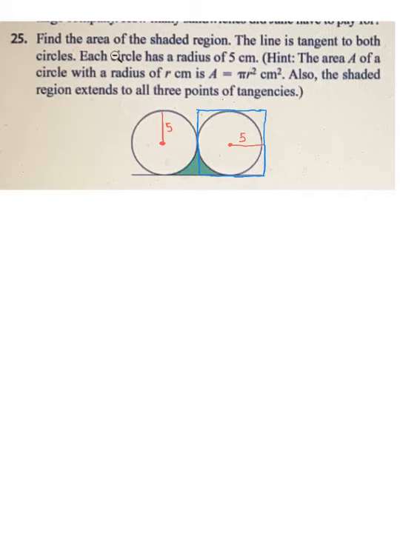So each side is going to have a length of 10 centimeters. You can see here the radius is 5, so the diameter is 10, and that has to match up with the length of each side. So that is my first hint for this. Again, if you haven't come up with a good way, pause the video now and see if you can decide what a good plan would be.